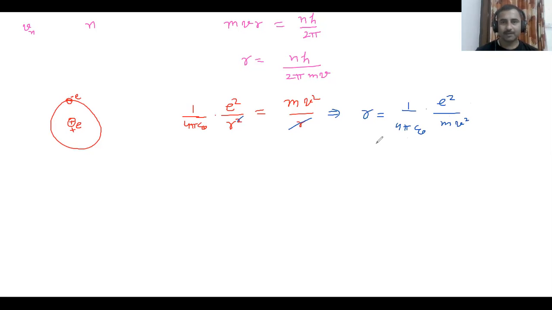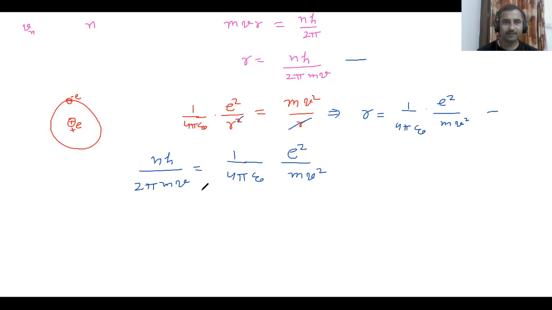See, so now we have two relationships for r, and we can eliminate r here. By doing this, we have nh upon 2 pi mv equals to 1 upon 4 pi epsilon naught e square upon mv square.